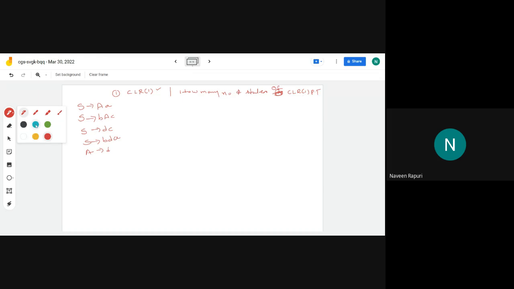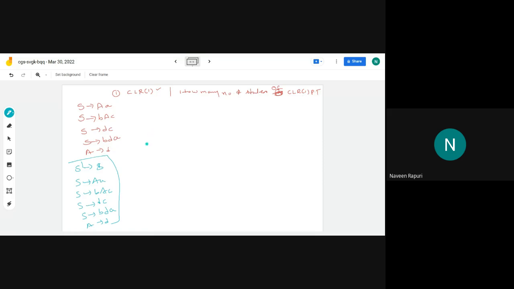Right, we'll check it. So S dash is the augmented grammar. S derives AA, S derives BAC, S derives small d, small c, S derives BDA, A derives small d. So this is the augmented grammar.